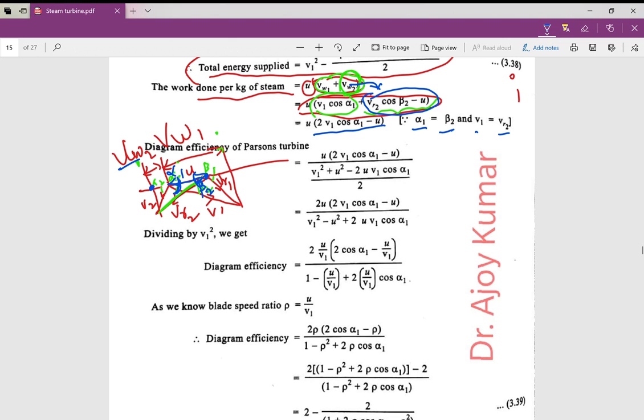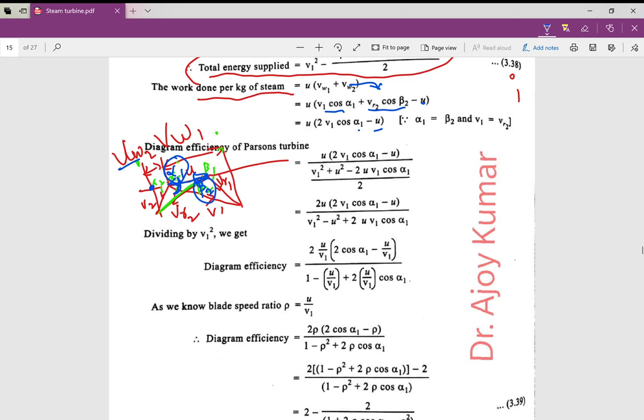So inner angles, that is alpha 1 is equal to beta 2, and similarly their velocities are also equal. So V1 is equal to Vr2, and henceforth we can write this whole like this. So U into 2 V1 cos alpha 1 minus U. It comes as 2 V1 cos alpha 1 and this U as it is.